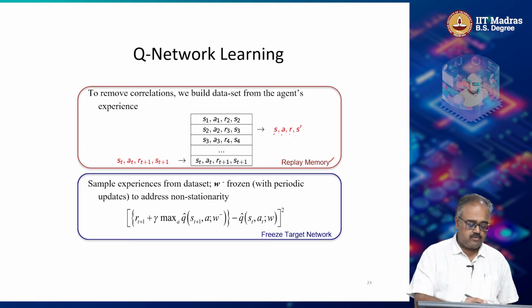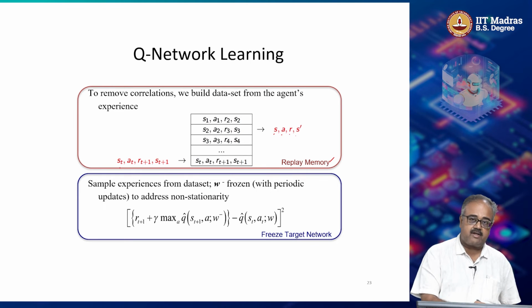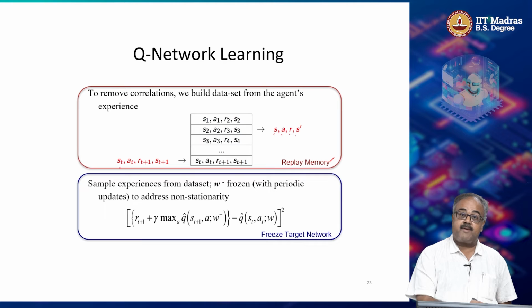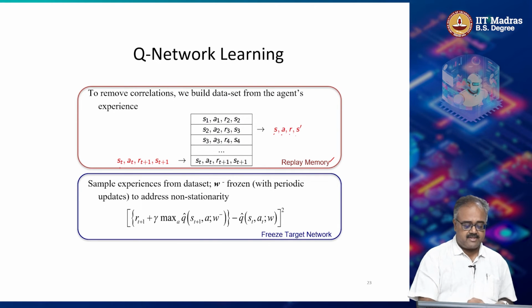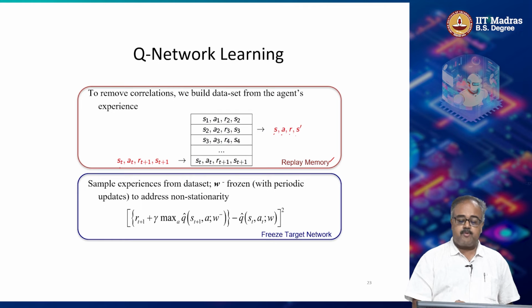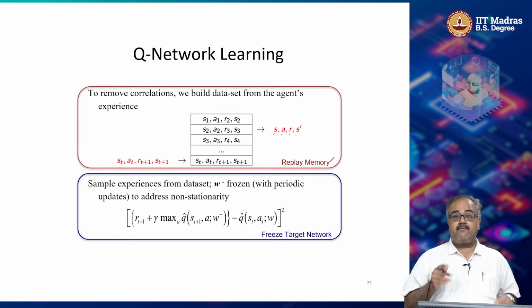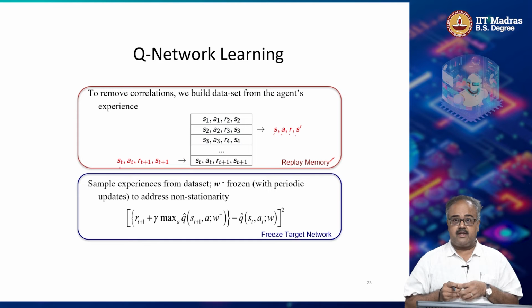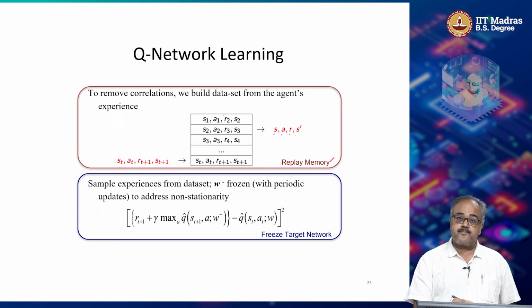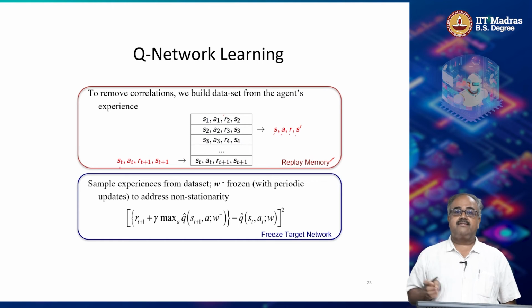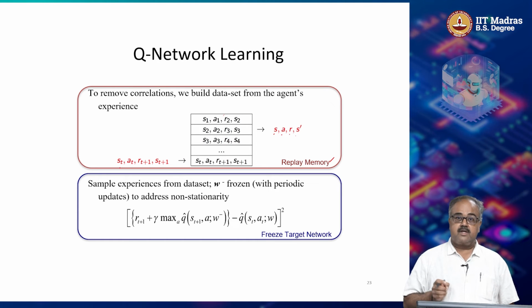So what I'm going to do is, when I experience a transition, when I come to some state S_t, I perform action A_t, I go to next state S_{t+1} and I get reward R_{t+1}, I take this entire experience and put it into a buffer. Now, when I have to train the neural network, I don't take that tuple, I just go to this buffer and randomly sample a set of transitions, not consecutive.